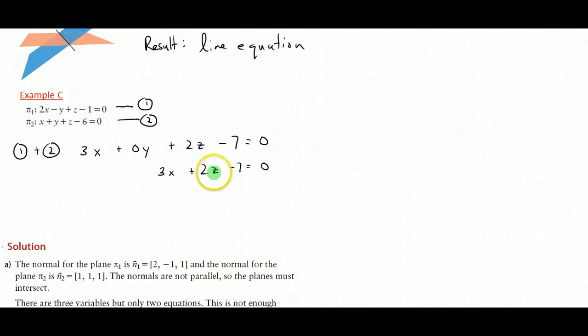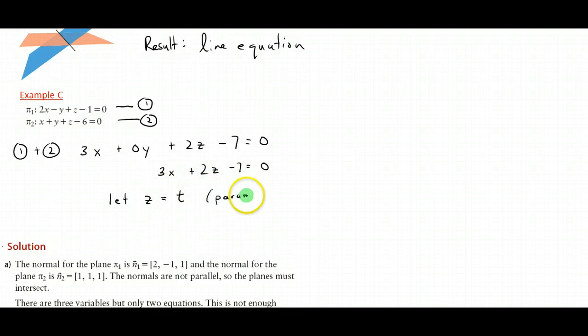So what we do here seems like kind of a cheating thing. We say z is equal to some number, but we know we're going to have an infinite number of solutions to this system. So we're going to let z equal t. It seems kind of strange because z looks like a variable and t looks like a variable. But t is really some particular number, some particular z value. And this is what we call a parameter.